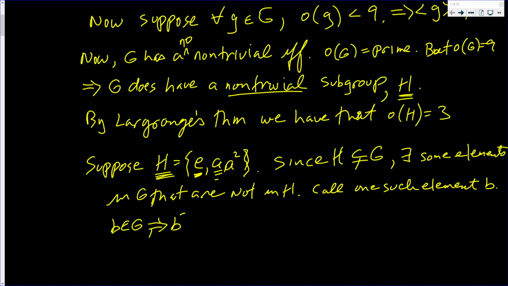That implies that B squared is in G. That actually implies that B cubed is in G. But the order of B, since B is not E, is 3.